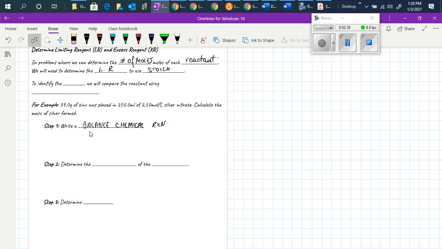In this case, solid zinc is reacting with silver nitrate to form zinc nitrate and silver. We've seen this reaction even before.